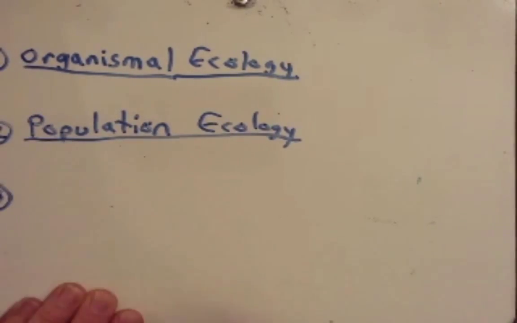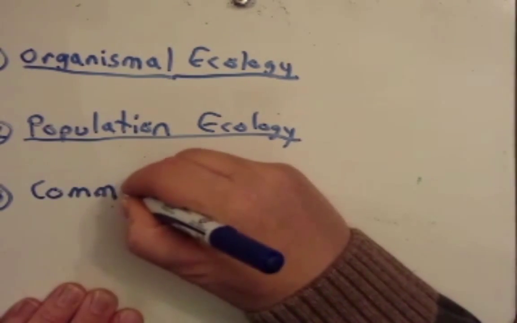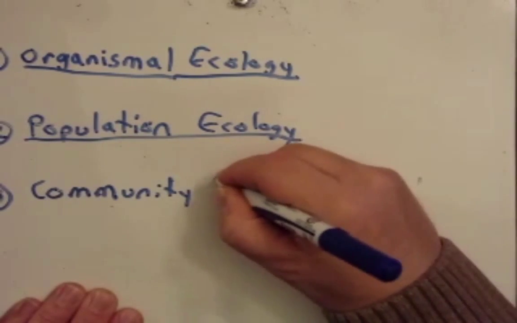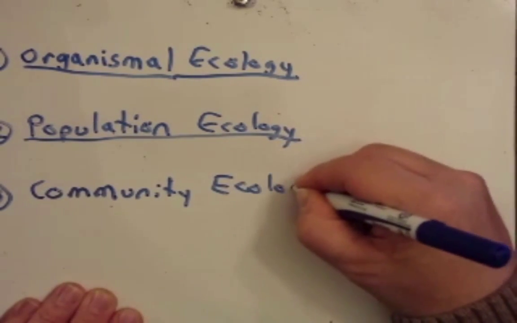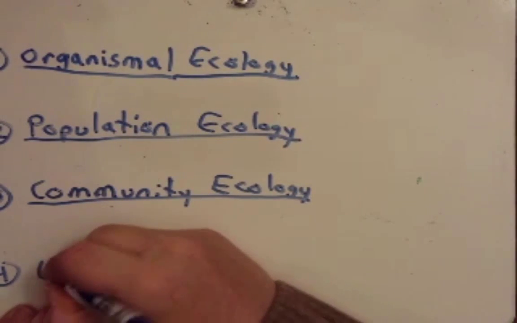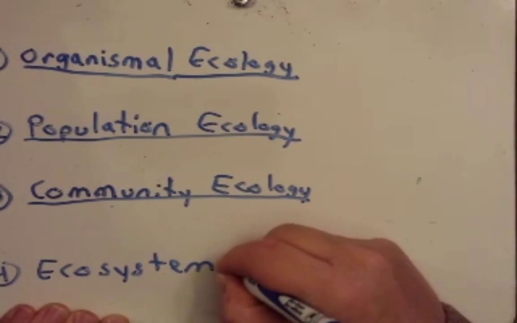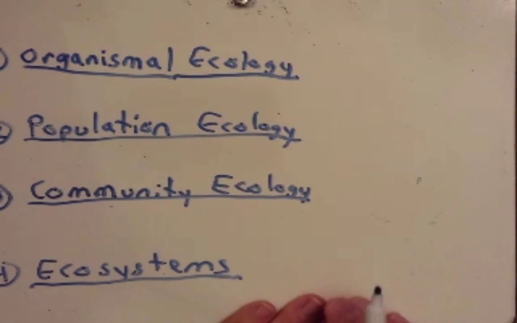The third one is community ecology. And the last one would be ecosystems. To define these, let's think about some examples.